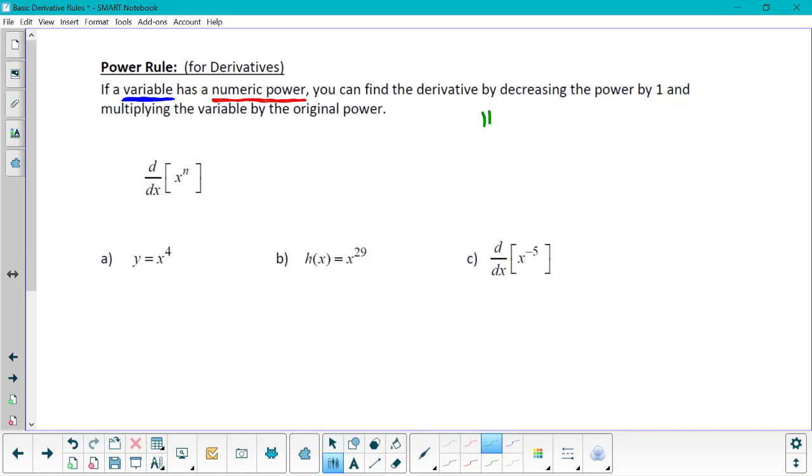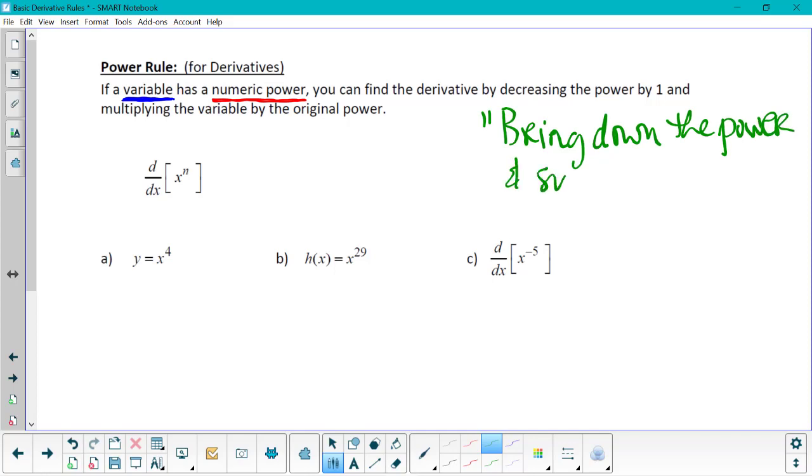So one way we like to say that is you're going to bring down the power and subtract 1 from the power.